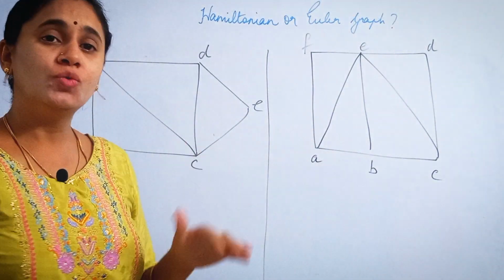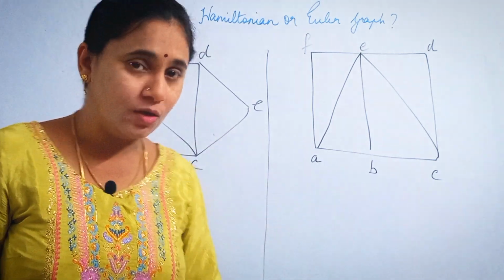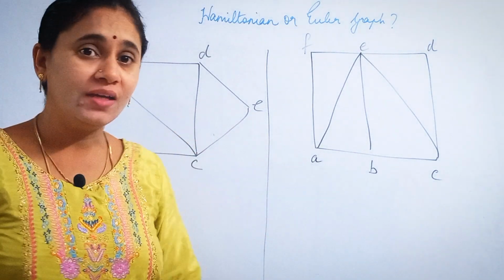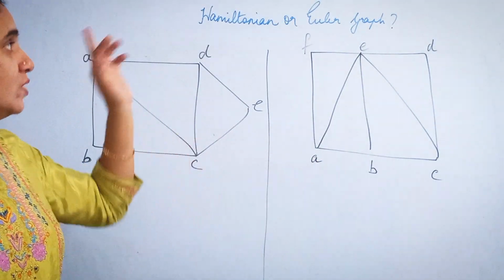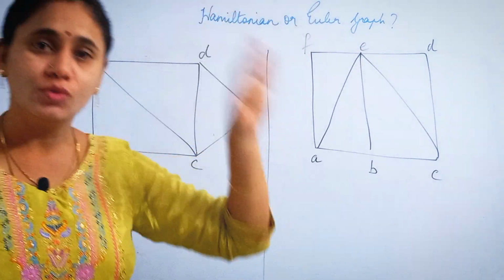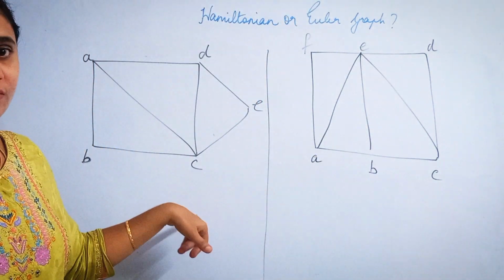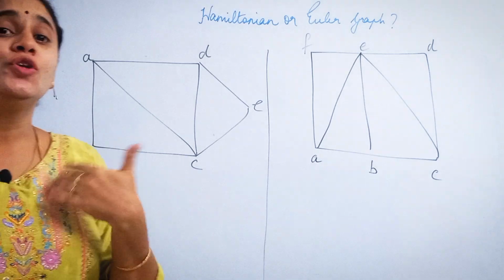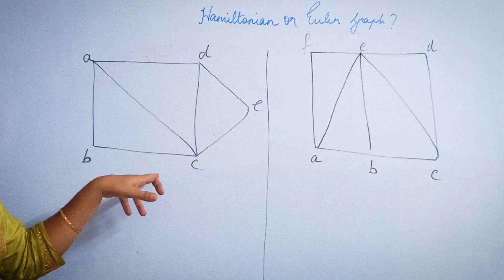You must use the same technique and rules I mentioned earlier, and identify among these two graphs which is Hamiltonian, which is Euler, or whether both. I am going to solve it, and along with me you put your effort into solving this type of question. I am going to start with this.